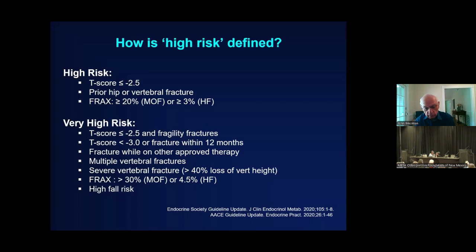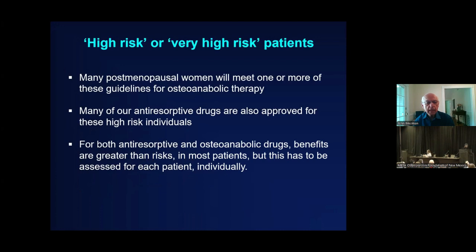It is true that even if we have severe osteoporosis by any of these other criteria, we're not going to break our hip unless we fall. That's probably true in 95% of the cases. So high risk or very high risk patients, many of these individuals will meet one or more of these guidelines. We shouldn't forget the anti-resorptive drugs because many of them are extremely effective.